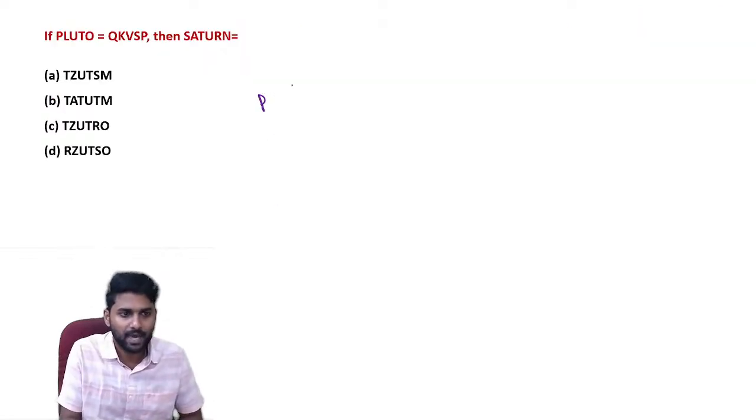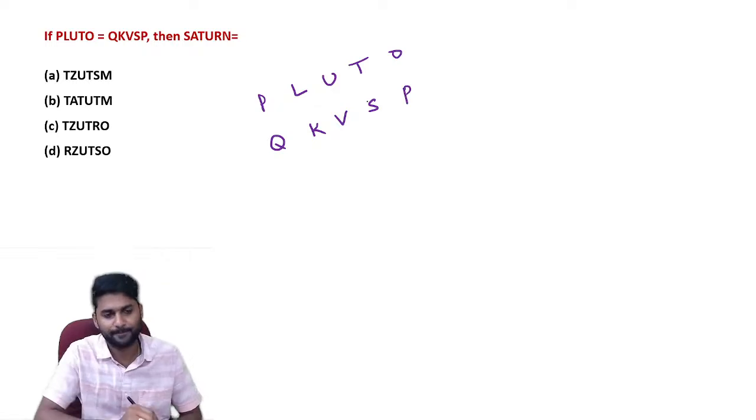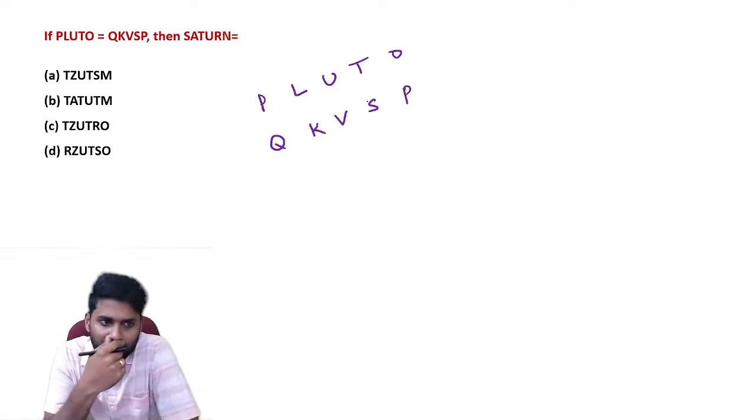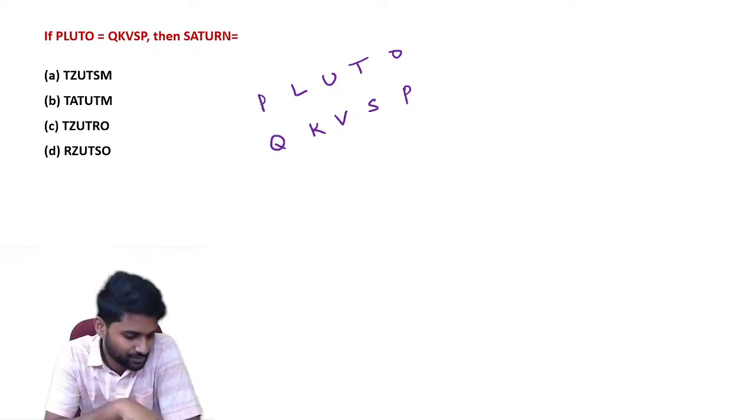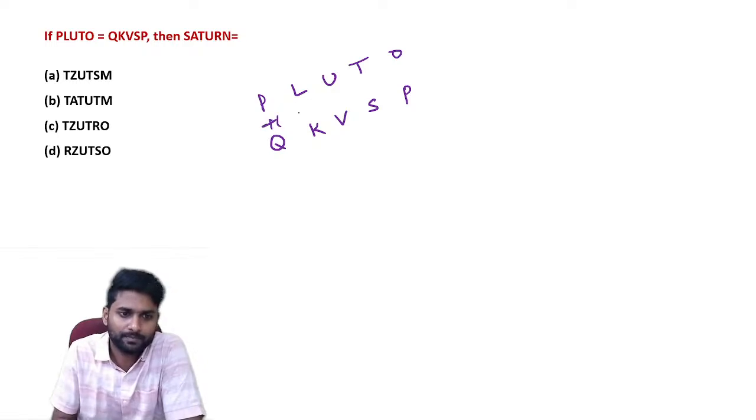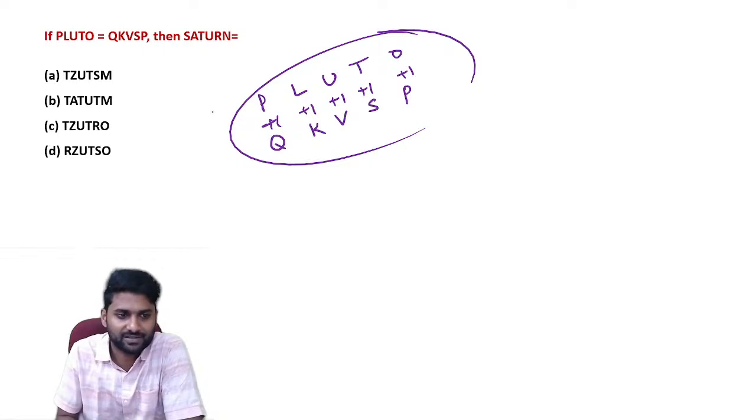Pluto is coded as Q K V S P, then Saturn is coded as? Now see, P to Q, L to K, U to V, T to S, O to P: plus 1, minus 1, plus 1, minus 1, plus 1.